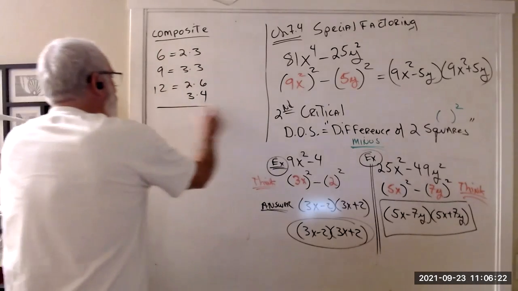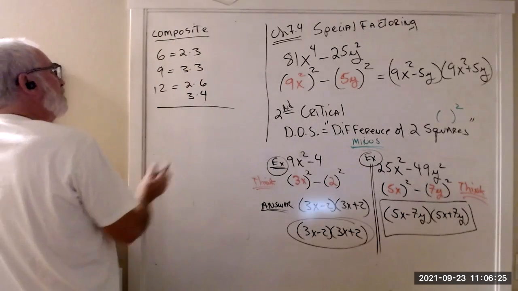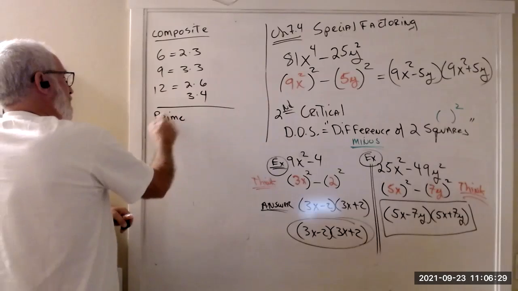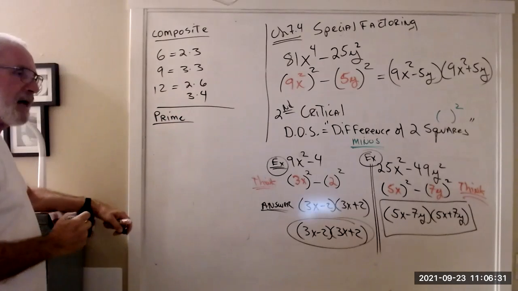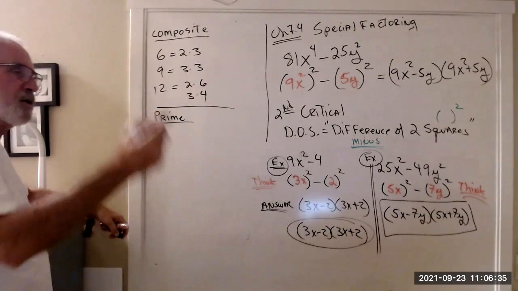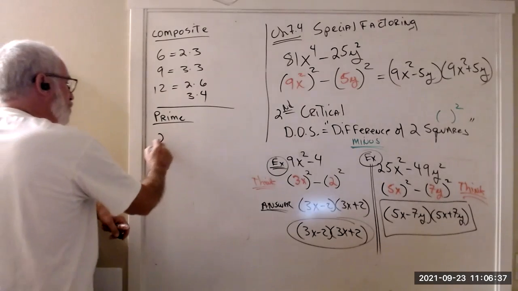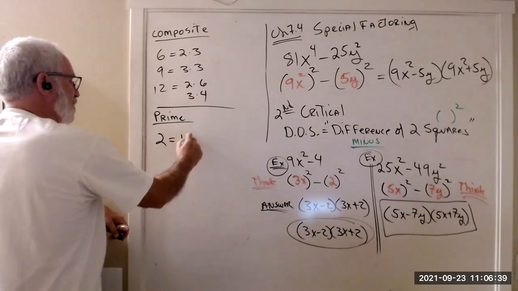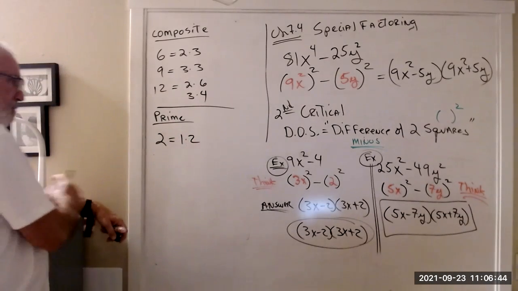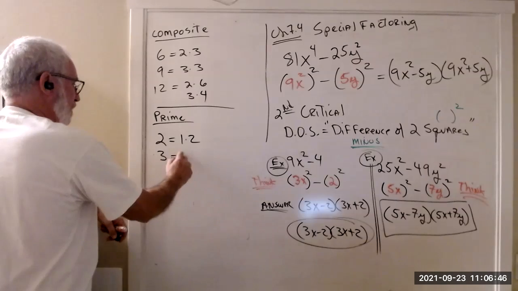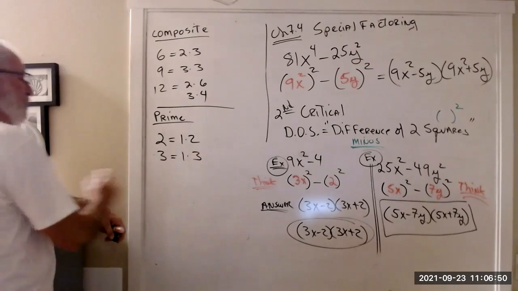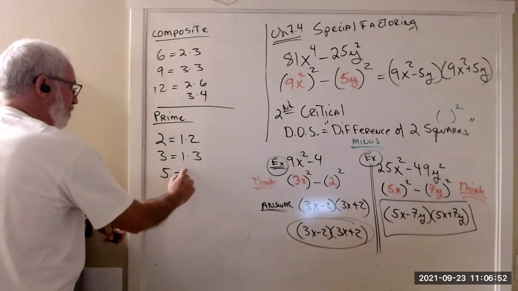But the other side of the coin, instead of composite, we have numbers called prime. Prime numbers cannot be broken down. They're always 1 and themselves. For example, 2 is a prime number because the only thing you can write it as is 1 times 2. 3 is a prime number, 1 times 3. 5 is a prime number, 1 times 5.